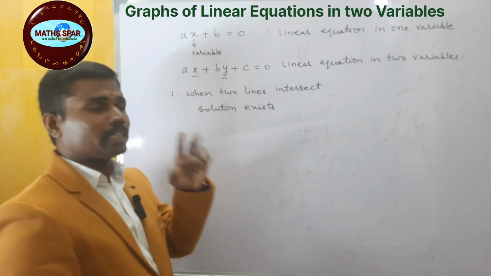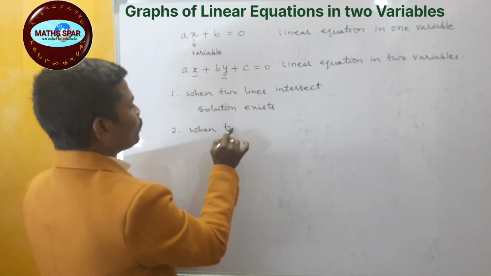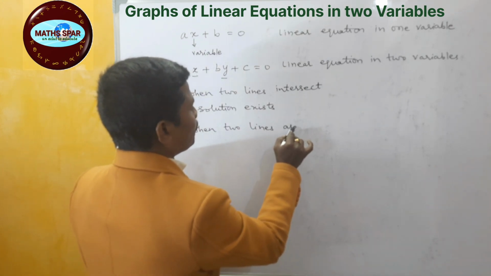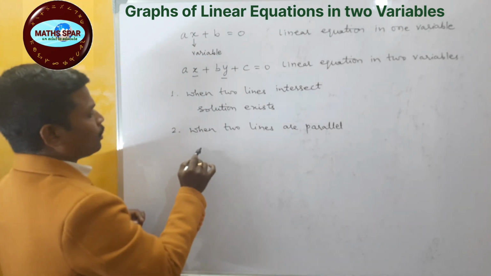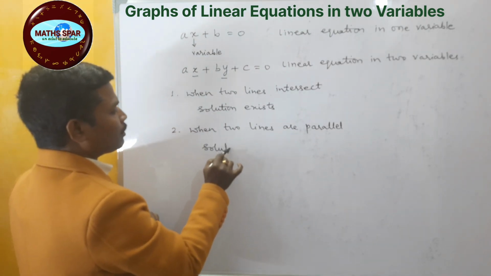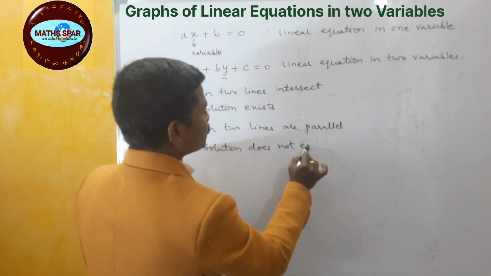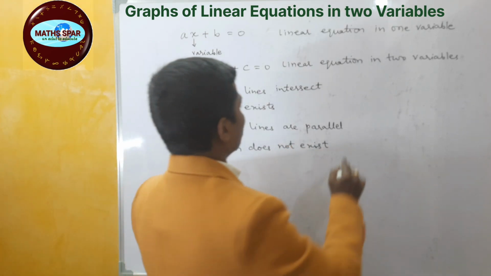Only one solution exists. When two lines are parallel, a solution does not exist. Why? The lines will be moving parallel.